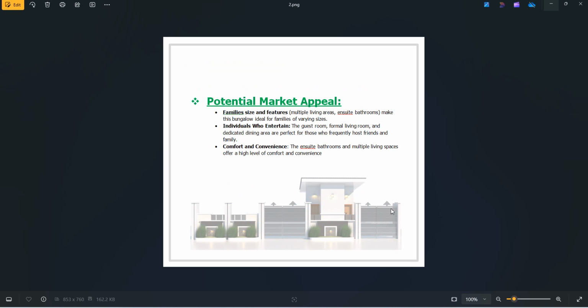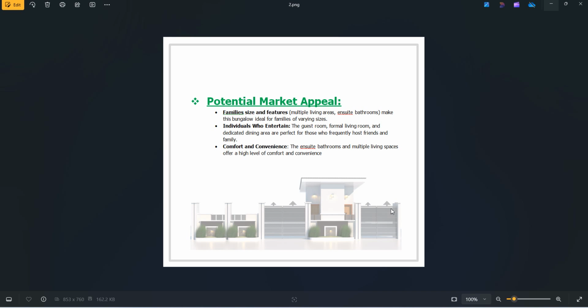Now there is potential market appeal for a 4-bedroom bungalow. Family size and features: multiple living areas and en suite bathrooms make this bungalow ideal for families of various sizes.